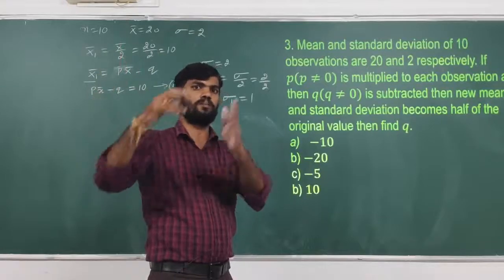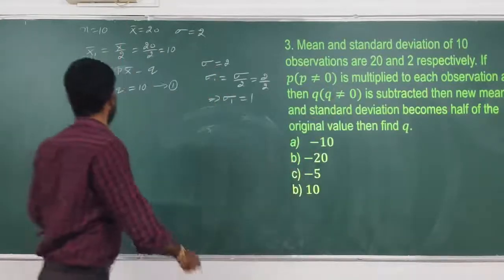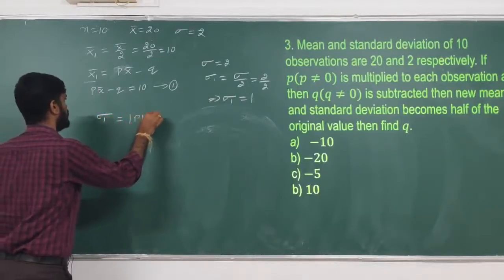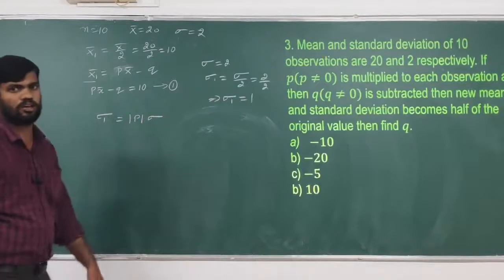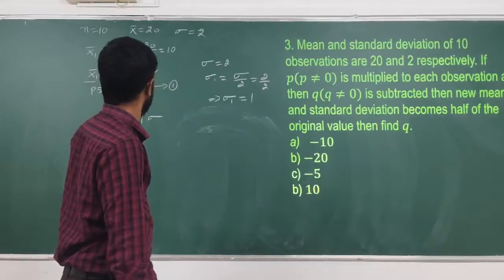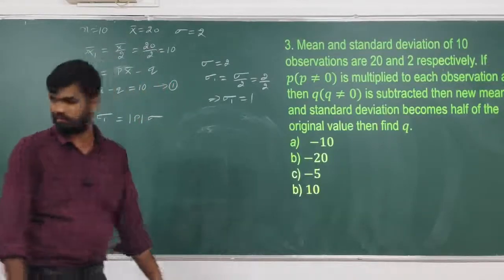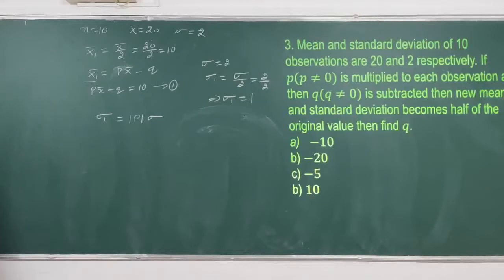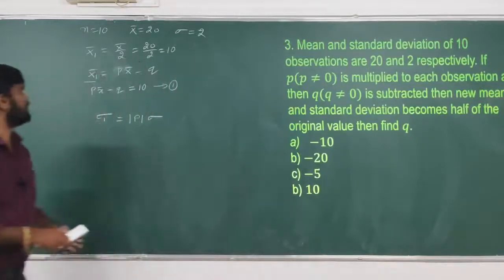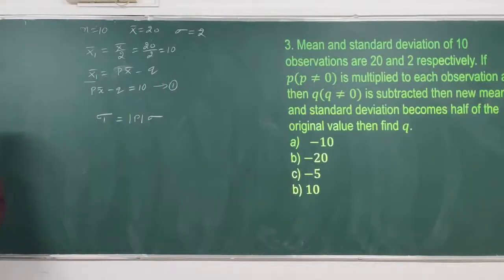So according to the table, the new standard deviation is equal to modulus of p into the original standard deviation. The original standard deviation is 2.